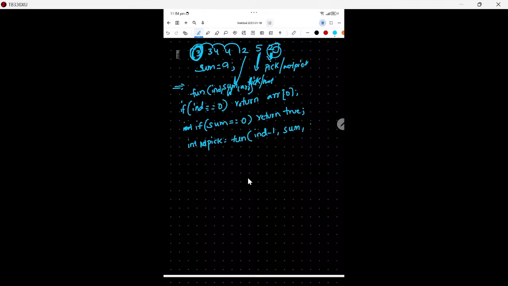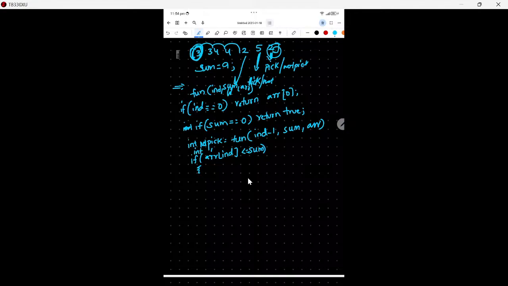Does it change? No. The array is always the same. Now write the condition for pick: the array of index must be less than or equal to sum. Then only you can pick.